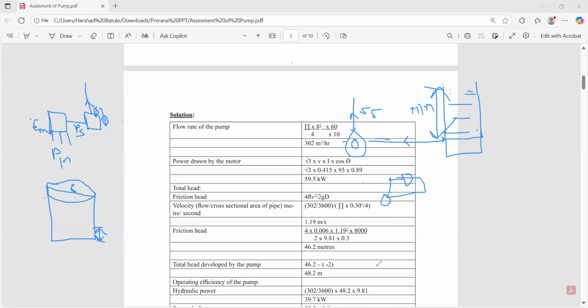Your total volume in 10 minutes, you can fill up 50.24 m cube of water. For that 1 meter it will require 600 seconds. So your flow rate is calculated in meter cube per second. After that, your calculation in meter cube per hour would be 301.44, meaning 302 m cube per hour. So this is understood.